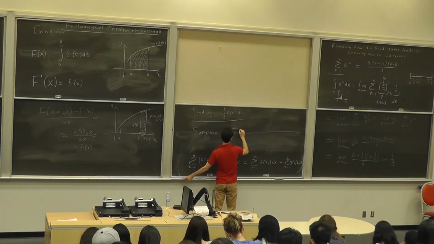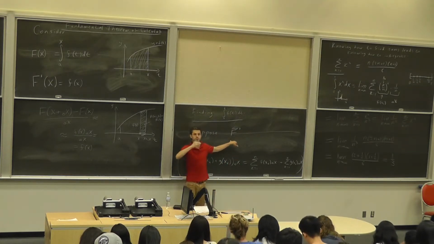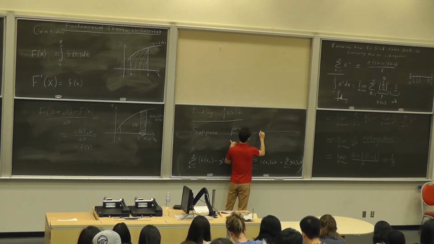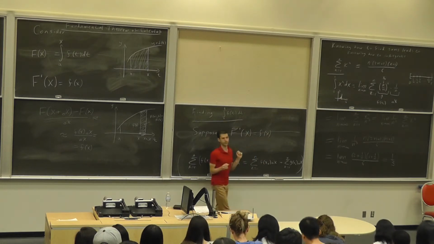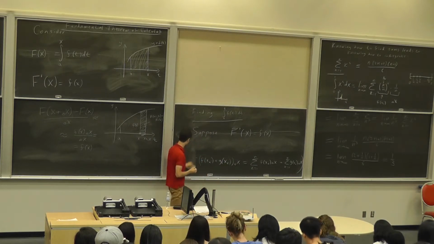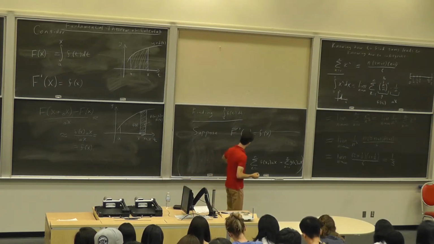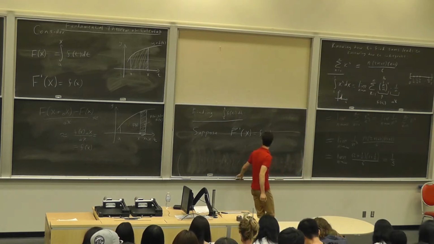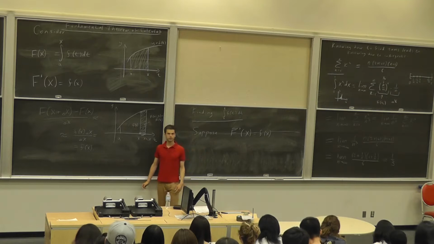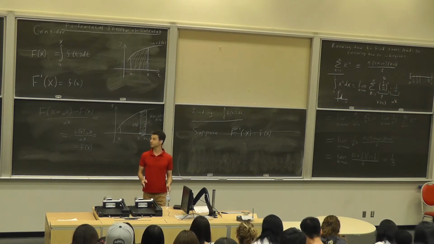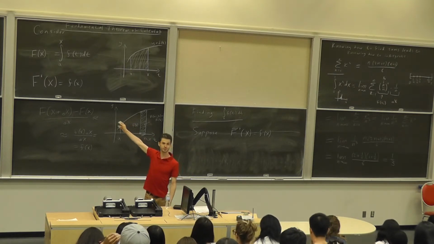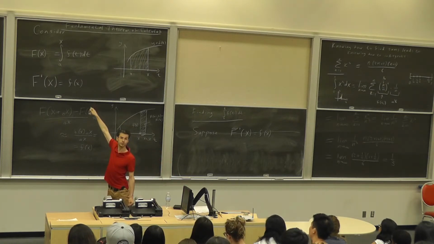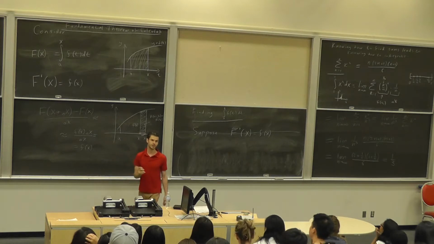Somehow we found a function that we call f tilde, with the property that its derivative is the original function f of x. So we already know one function for which the derivative is exactly f of x. It's this function: the integral from a to x of f of t dt.